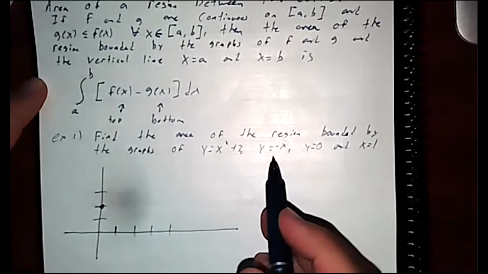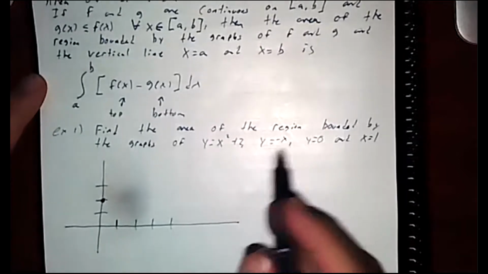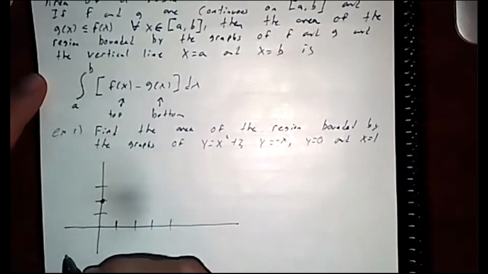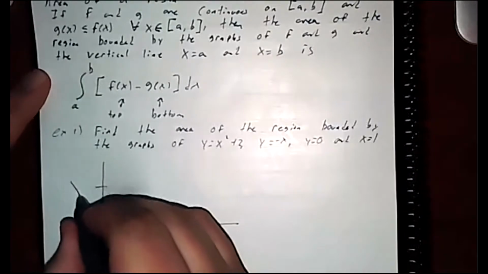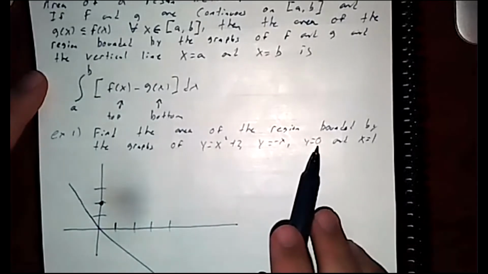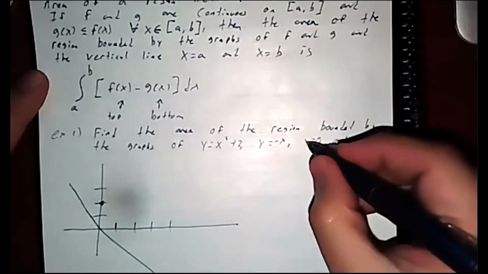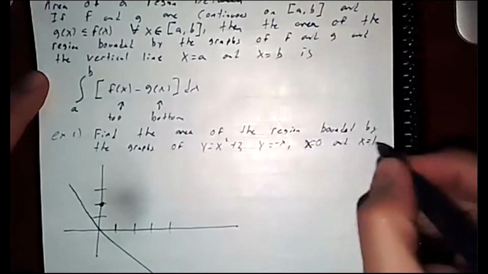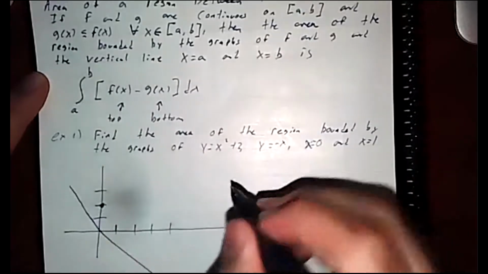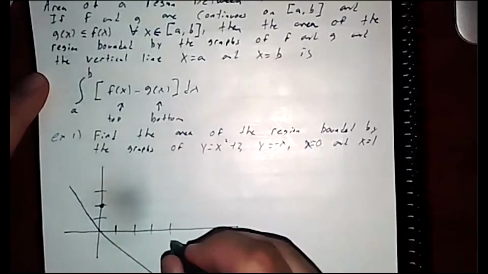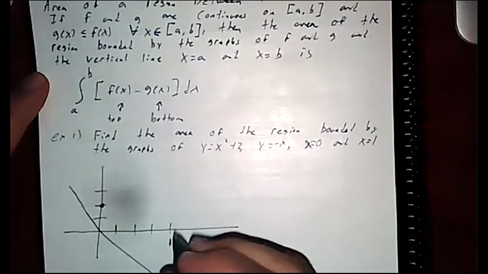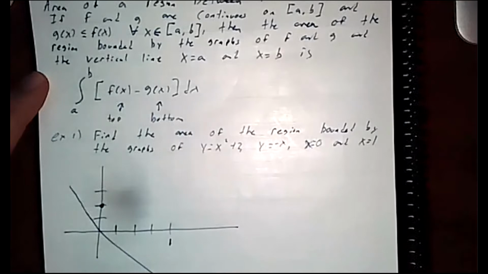We know y equals negative x is just a 45-degree angle line, but going in the negative direction, going this way. But they're bounding it by x equals 0 and x equals 1. So we'll put 1 over here just to make this a little prettier.